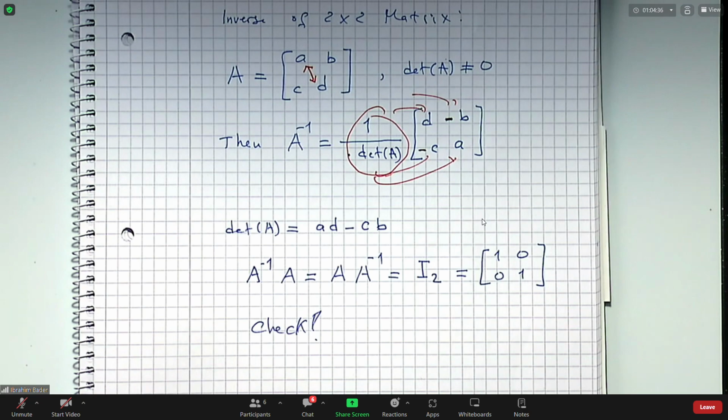Okay. So the inverse of a 2 by 2 matrix is straightforward. Let's take an example. Questions so far? Okay, so assume you are asked to evaluate the inverse.